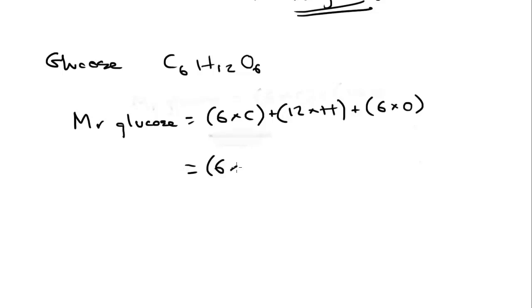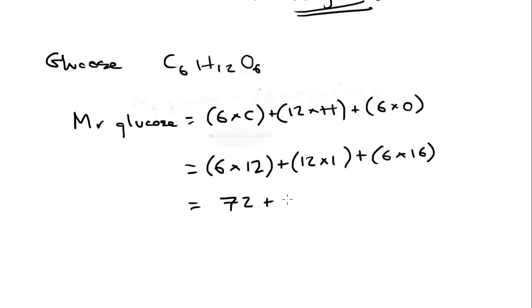So that'd be 6 times 12 plus 12 times 1 plus 6 times 16. So this becomes 72 plus 12 plus 96. This adds up to 180 grams per mole.